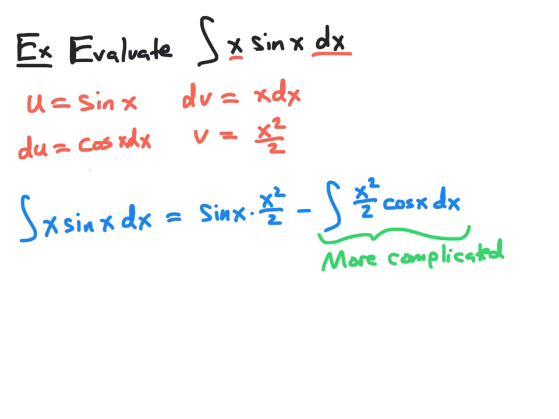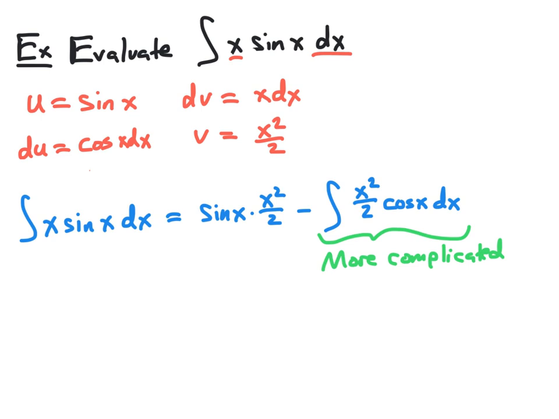So this polynomial part of our integrand is actually getting more complicated. And so there's certainly no way of knowing what the antiderivative of x squared over 2 cosine x is without doing something else, which is unlike the first approach for this example, where we ended up with the integral of cosine, and that is one that is easily solved using elementary antiderivatives.